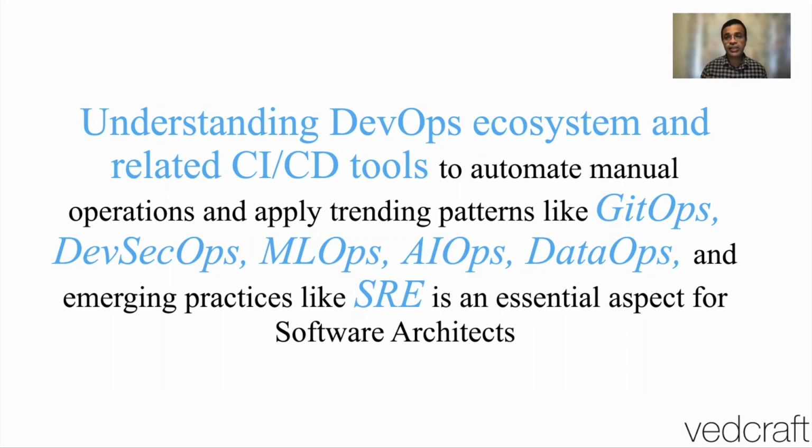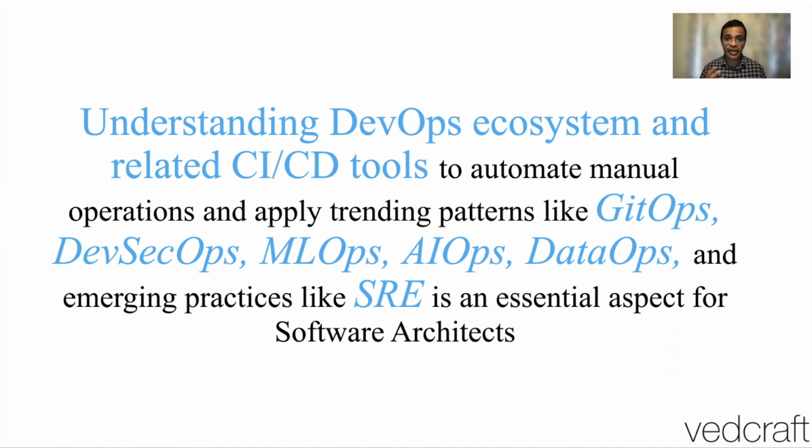Understanding the DevOps ecosystem helps you automate many things as part of your software delivery lifecycle, and you can apply different patterns. Nowadays, you must have heard about GitOps, where you are operationalizing and automating everything the moment you check in your code. Similarly, DevSecOps is very popular because it integrates security into your DevOps pipeline.